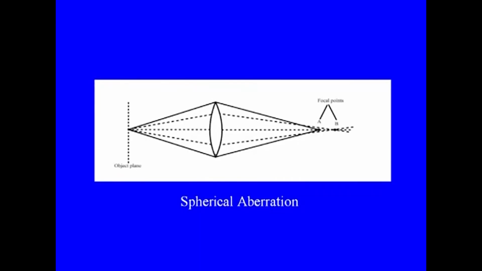The next aberration is spherical aberration, as we call it, and it is also called principal point imaging aberration. Here, it results from the fact that all rays from a single point do not pass to the same unique image point, because they are passing through different parts of the lens.